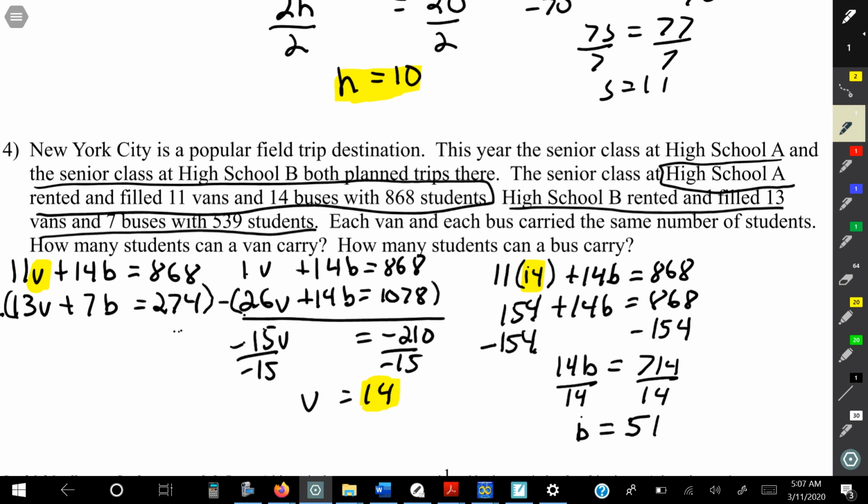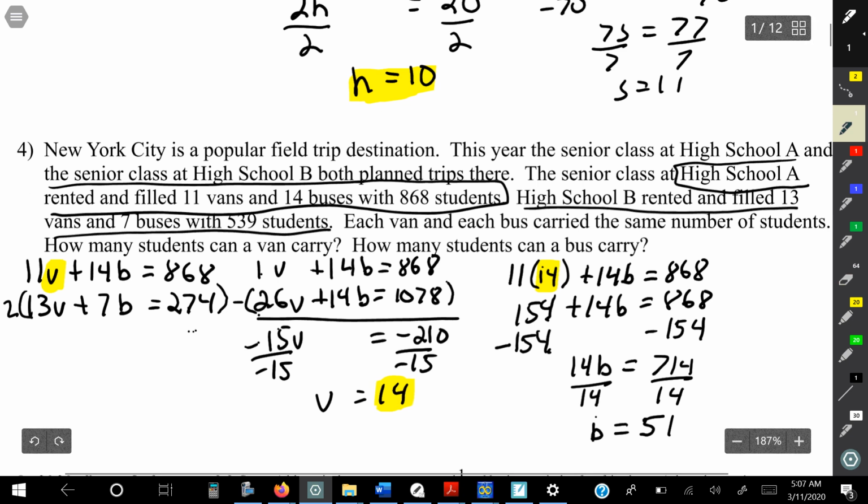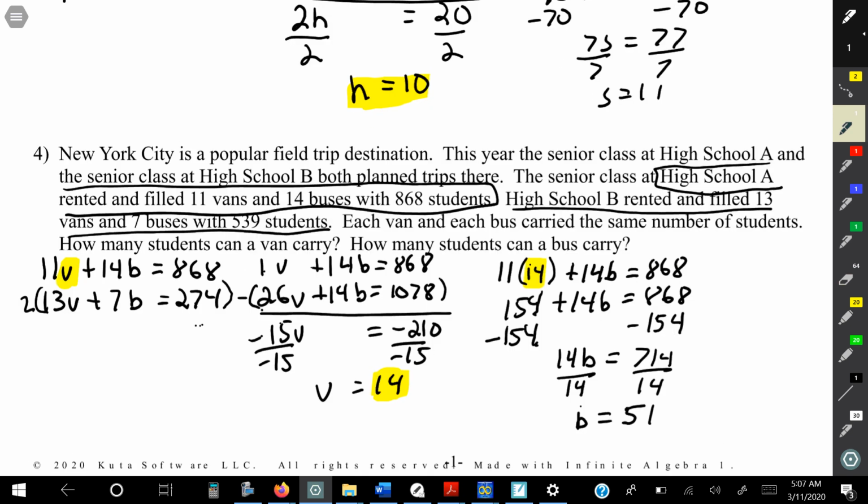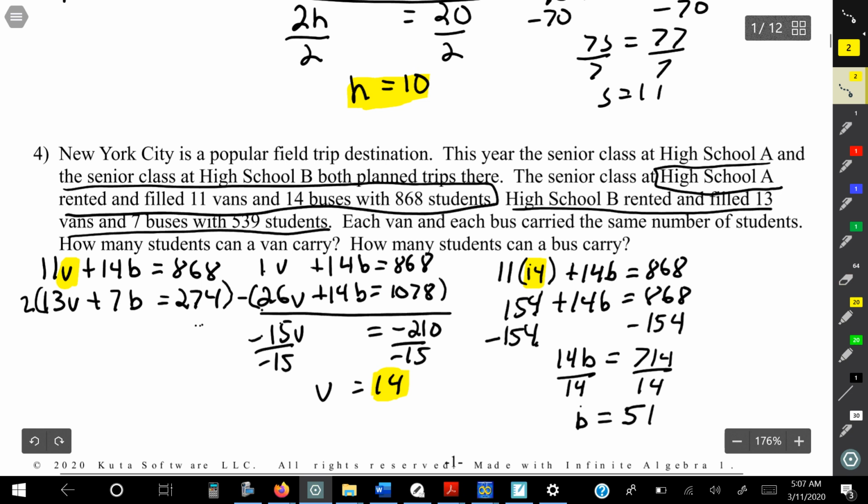And the number that I multiplied by is 2 again. Okay, so that's going to get me 14 right here. So that can eliminate. And this is called the elimination method, by the way. So then once I solve for the number of vans, I plug that in and then get the number of buses.